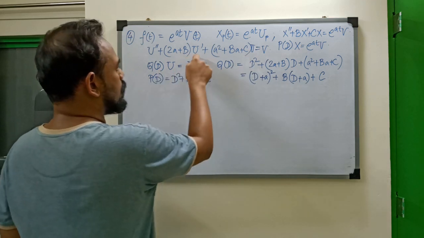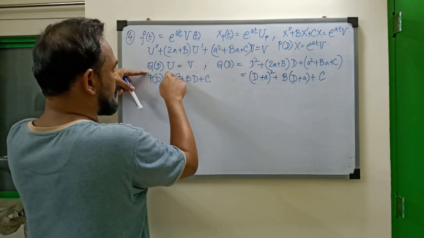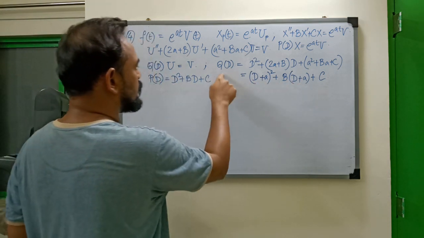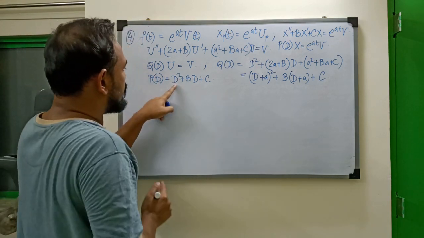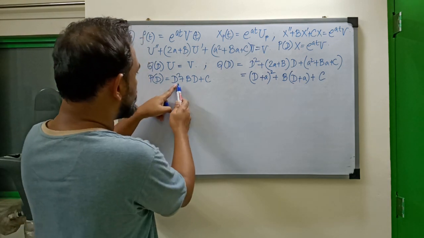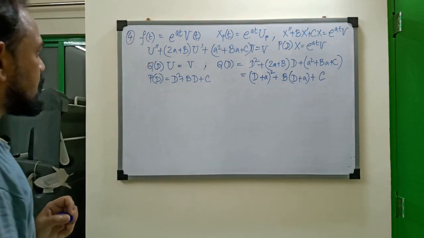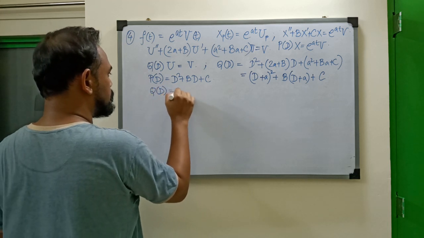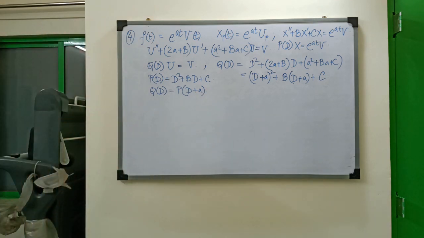Now, what's the relation between P(D) and Q(D)? Well, this is simple. This is like this, except that D is replaced by D plus a. So really, Q(D) is just D replaced by D plus a. That's it.